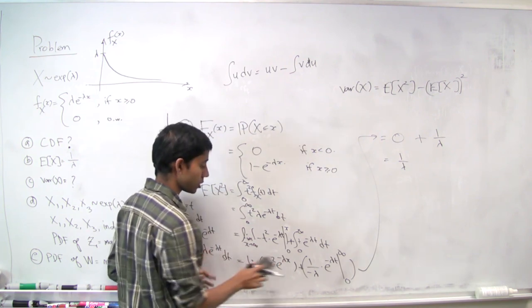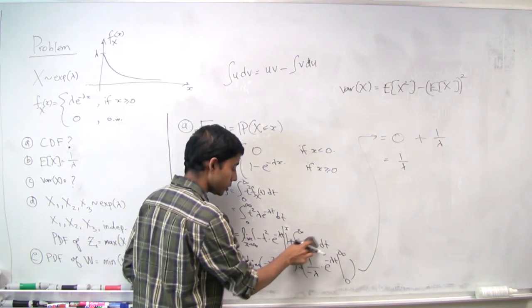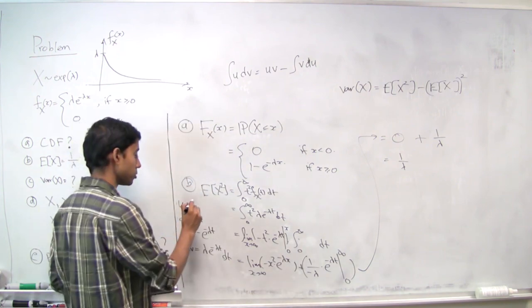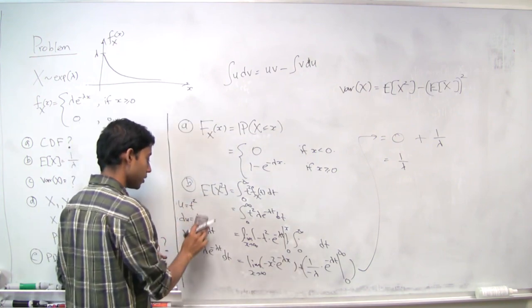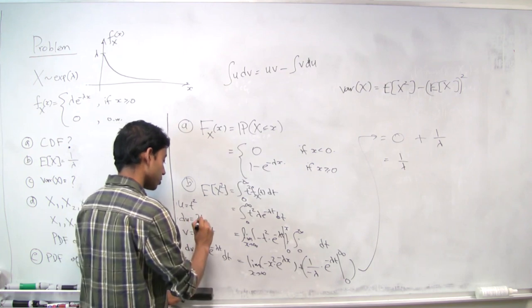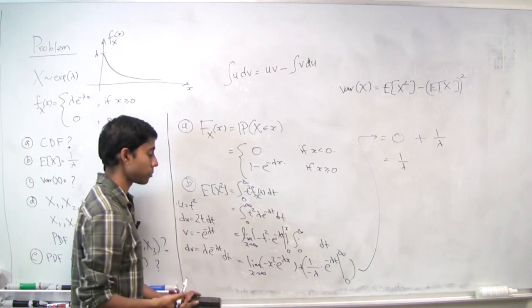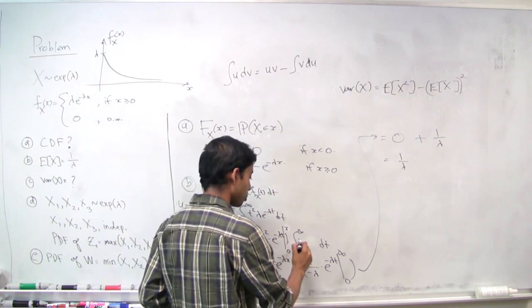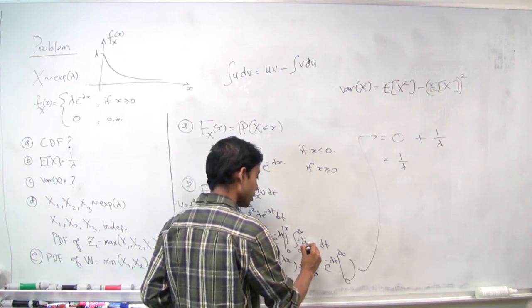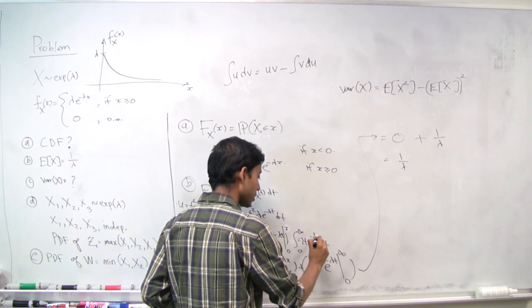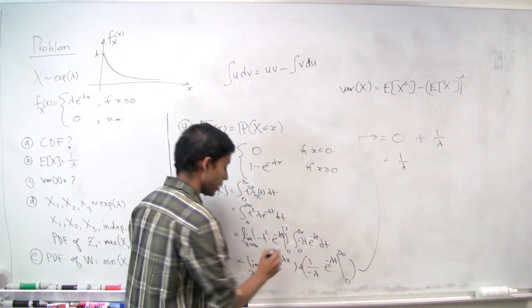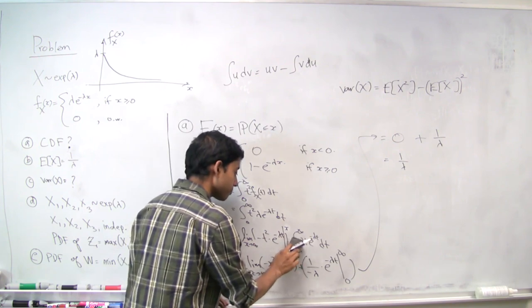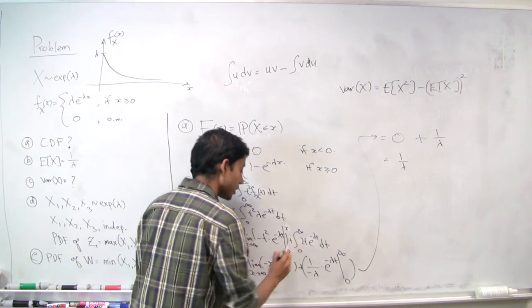The only thing that's going to change is what we choose for u in the integration by parts. So it's going to be t squared, and the derivative is going to change to 2t dt. v is going to be exactly the same. And so here in this term, we get negative 2t e to the minus lambda t. But there's a negative sign out here, so the negatives cancel and we're left with a positive sign here.